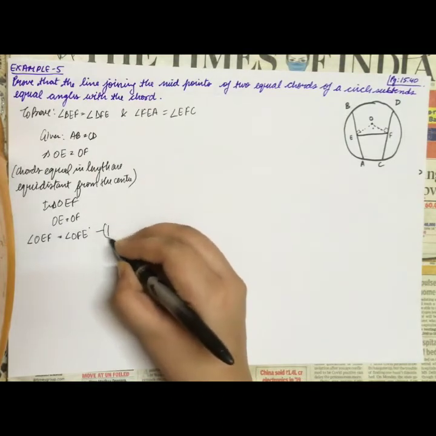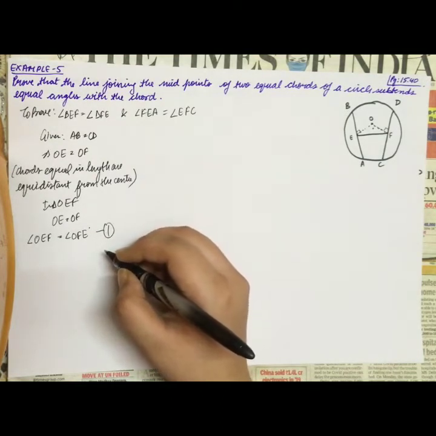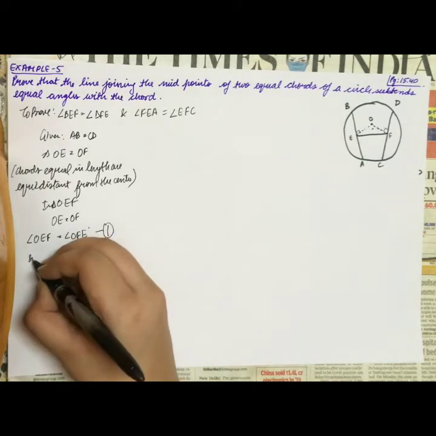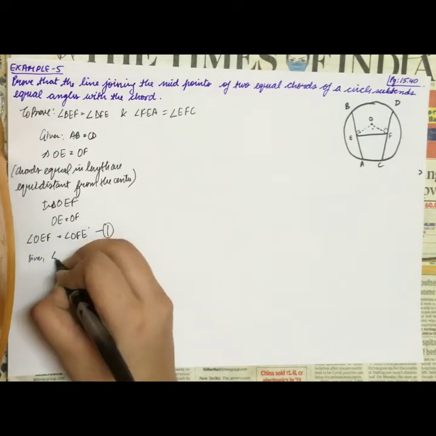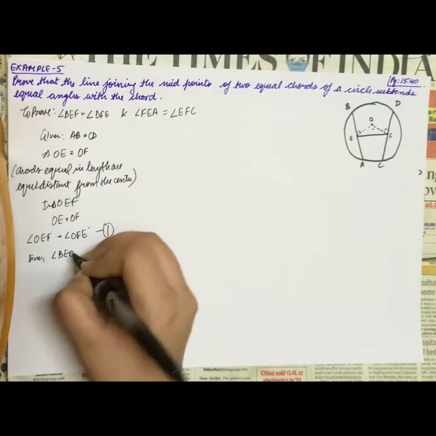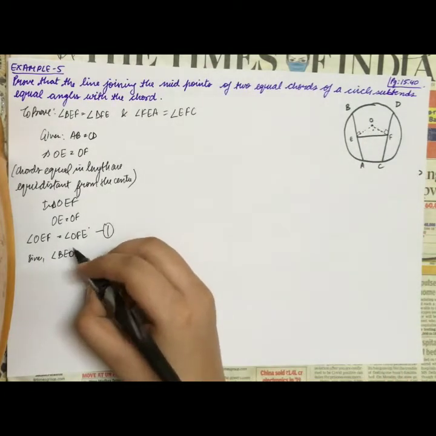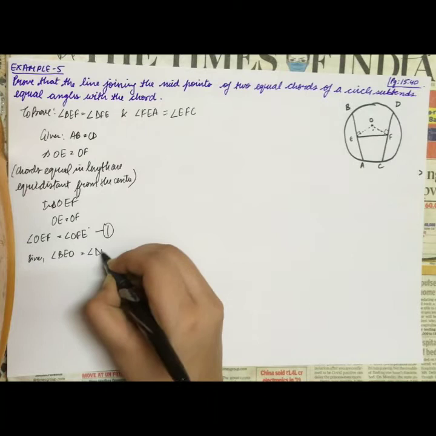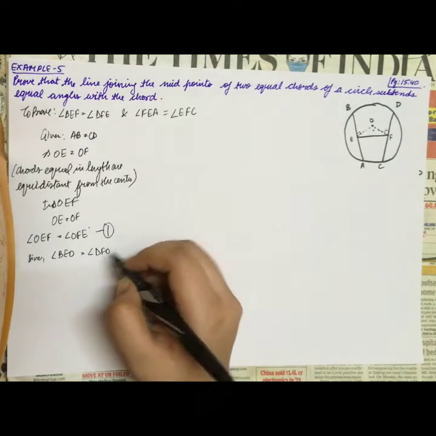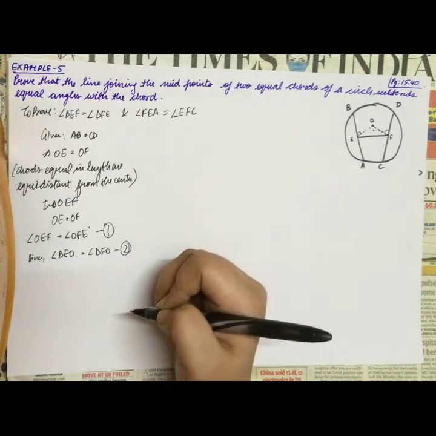Now we'll mark this as 1. Now angle BEO is equal to angle TFO, as they both are 90 degrees, we will mark this as 2.